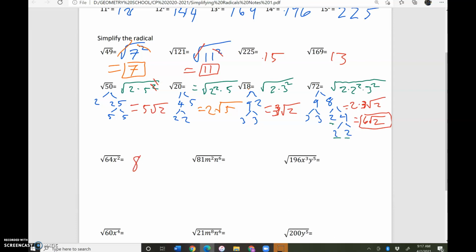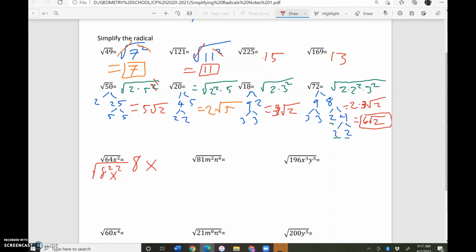Square root of x squared would be x. I know I skipped ahead, so let me just make sure I wrote that right. So this is the same thing as 8 squared x squared, and then they get to come out.